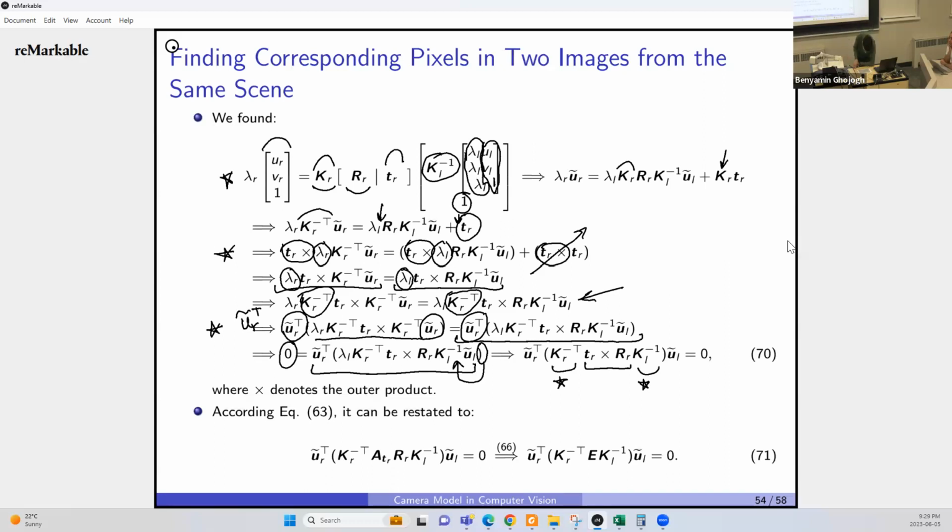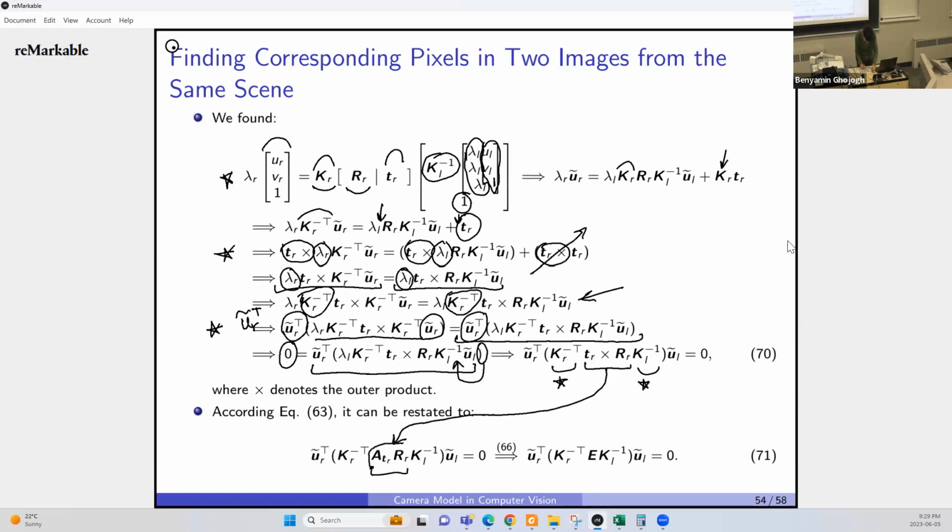Okay. Now so according to equation 63. So what did we say? I said according to Prince's book, TR outer product RR is equal to ATR RR. We defined ATR. It's anti-symmetric matrix of TR. Then, so I can replace this with this. Then according to equation 66, what did I say?